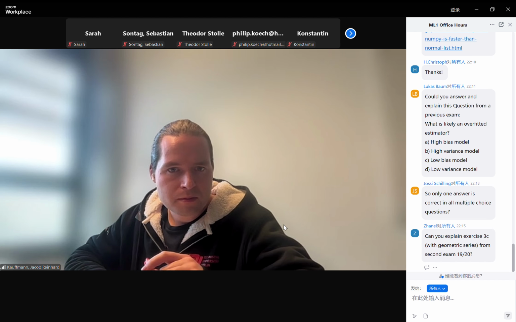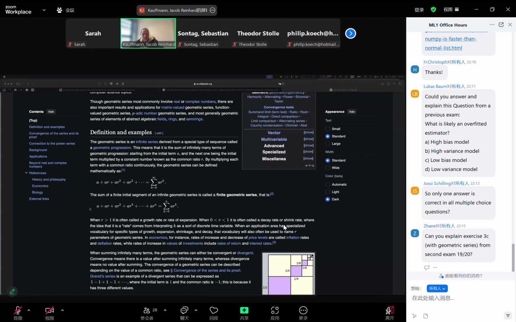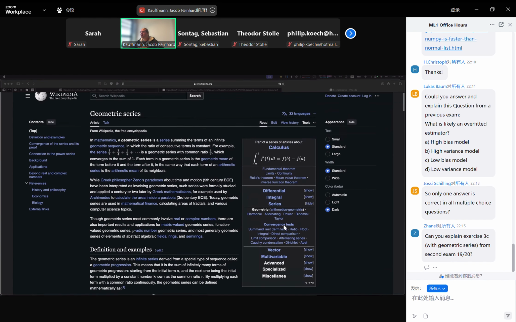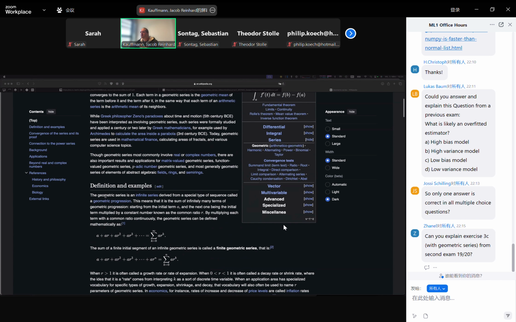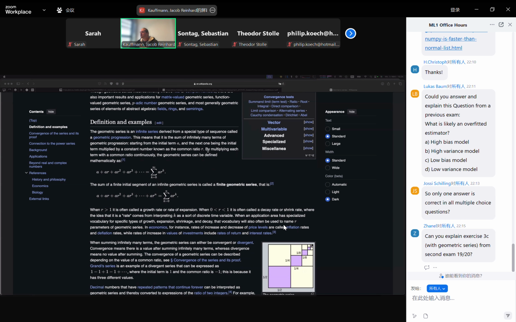So it's not how I would learn it. I would use this 1 minus trick, but for completeness, on Wikipedia, there's this thing called geometric series, which is a sum over exponents going from 0 to infinity.